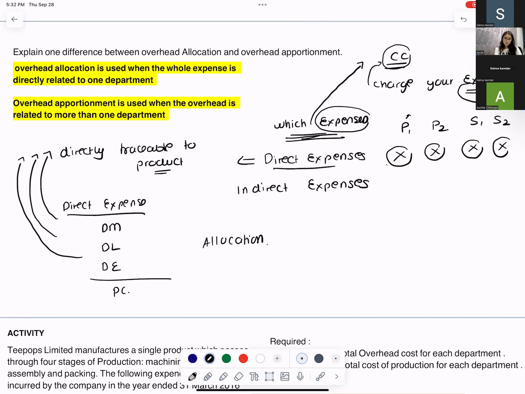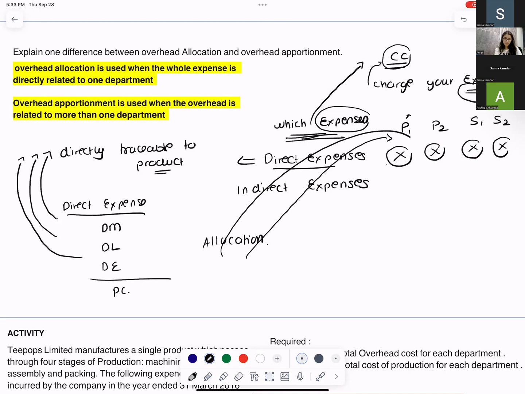So what is allocation of cost? In allocation of cost, you exactly know that the entire amount belongs to this department.